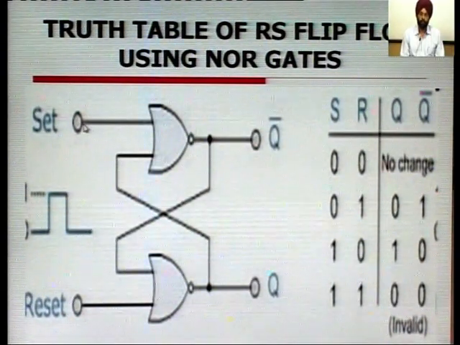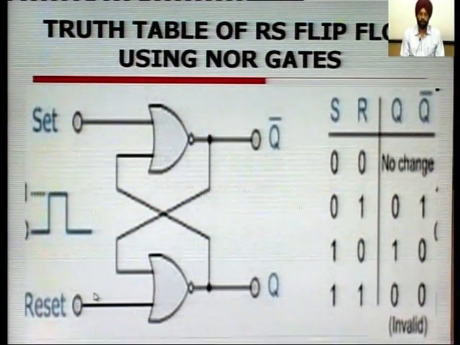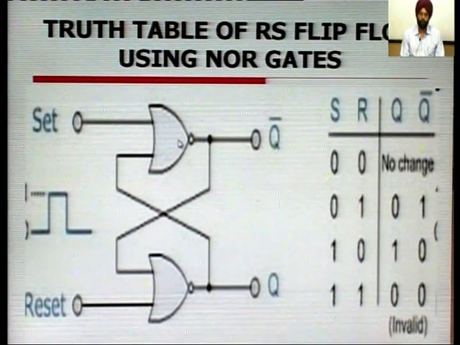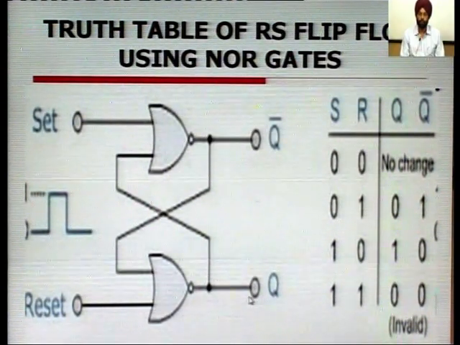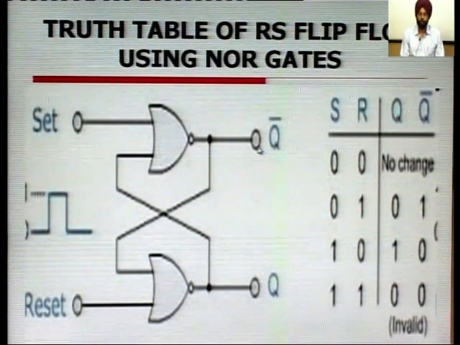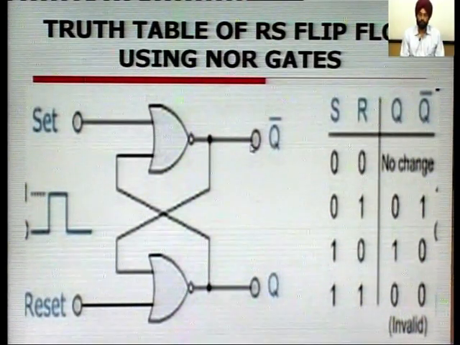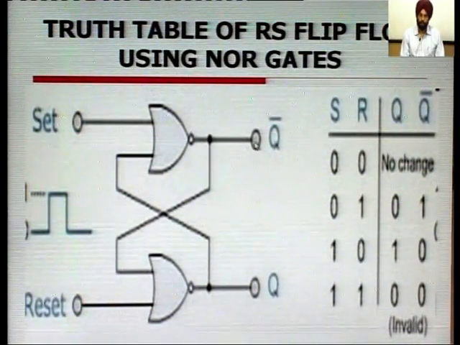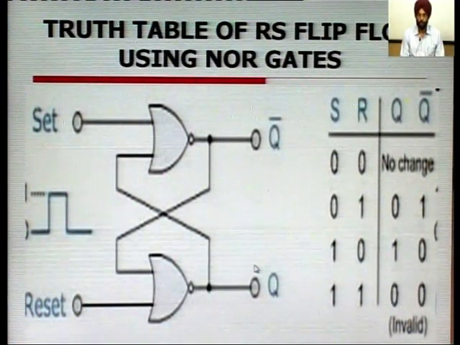because when we apply both set and reset inputs of the flip flop at logic 1, any one input to the NOR gate will cause the output to be 0, and the other input will also cause the output to be 0. So, both outputs Q and Q bar will go into the 0 state, which is against our basic definition of the RS flip flop, that the outputs are complements of each other.